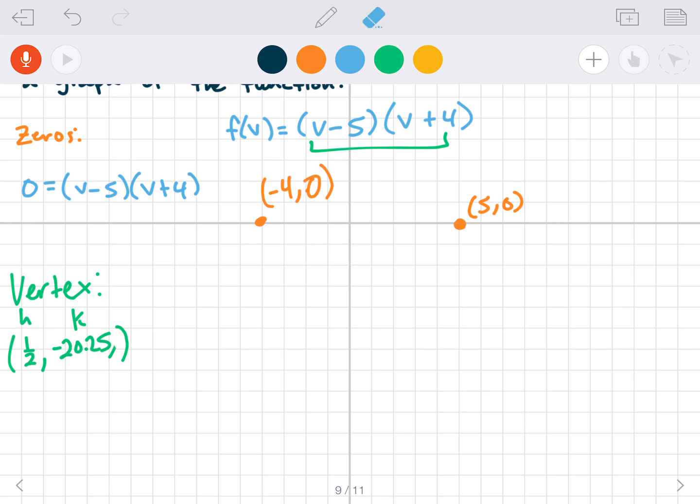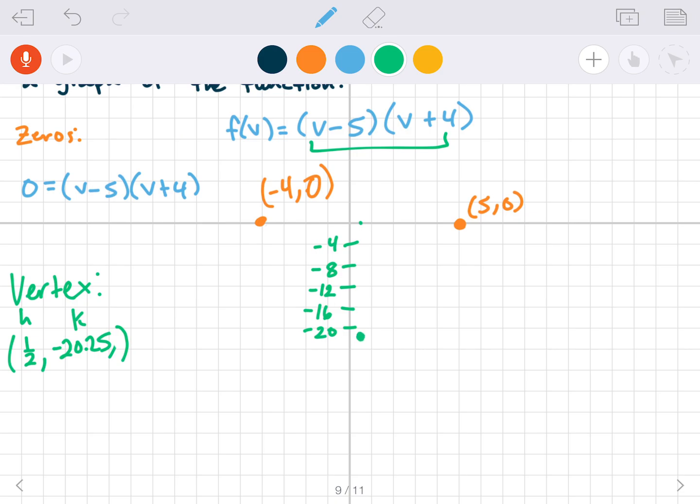Actually, let's make them go by 4s, even better. We can do that. So -4, -8, -12, -16, -20. Okay. So when x is 1/2, y is -20.25, so approximately right here.